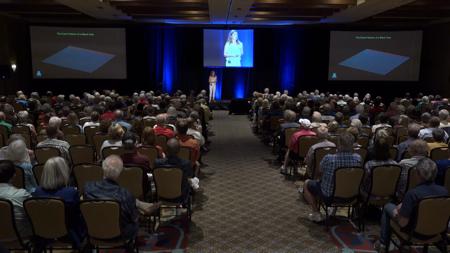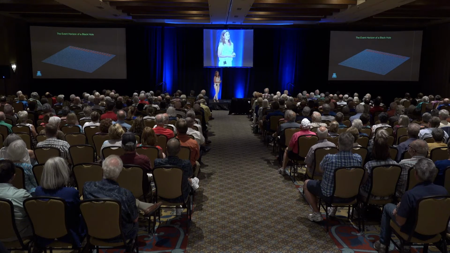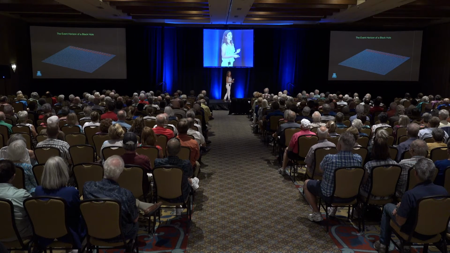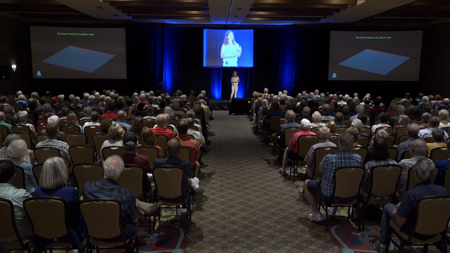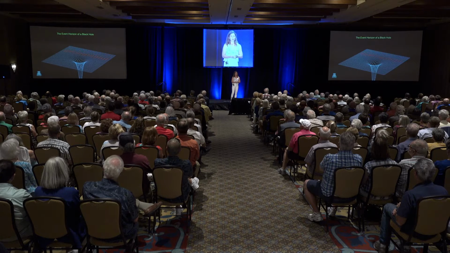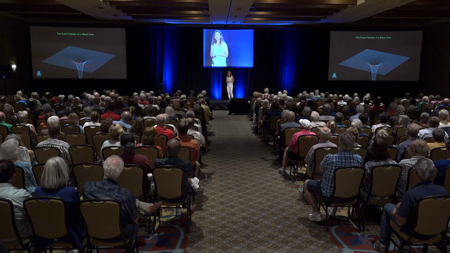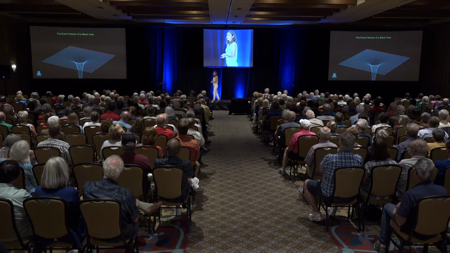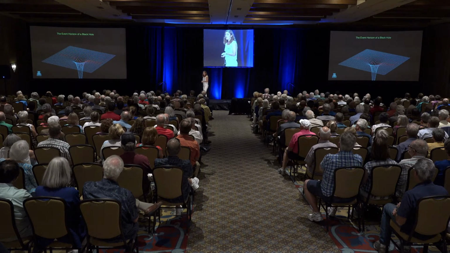So to illustrate that, I have a little animation here. According to Einstein's theory of gravity, both light and matter travel in straight paths, just like this, in the absence of an object that bends the space-time. But let's now put an object. What I made here is a black hole. So light and matter are still going to follow their paths on this now stretched fabric. They don't know any better.